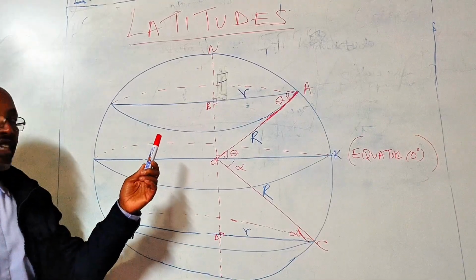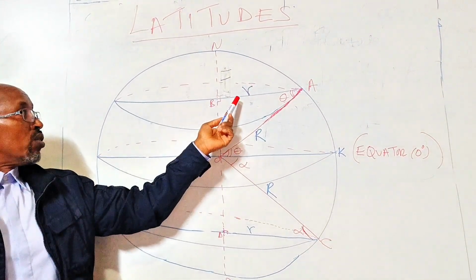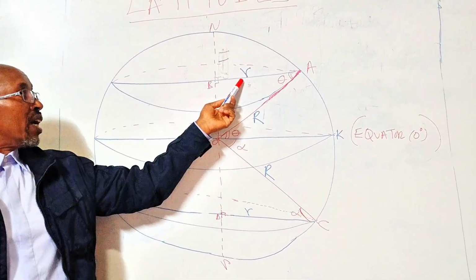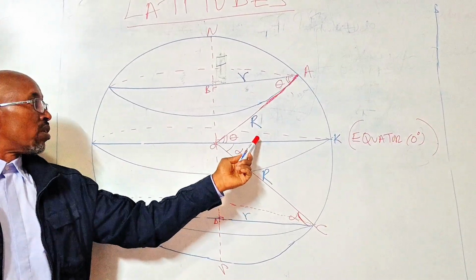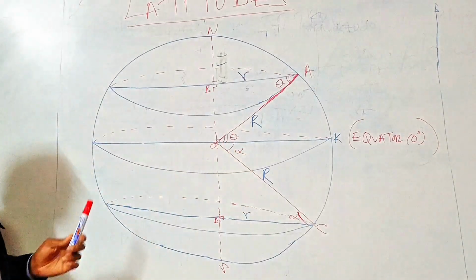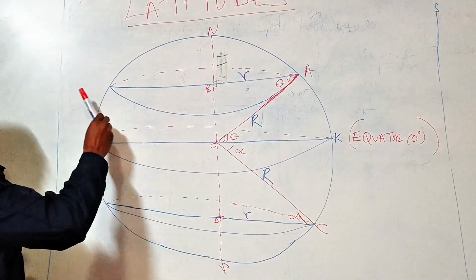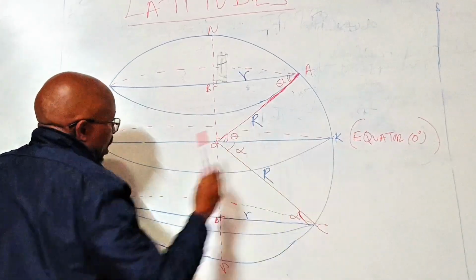We are now finding the relationship between the radius of a small circle, small letter r, and the radius of a great circle, whose radius is capital R. Note that every small circle is parallel to a great circle.